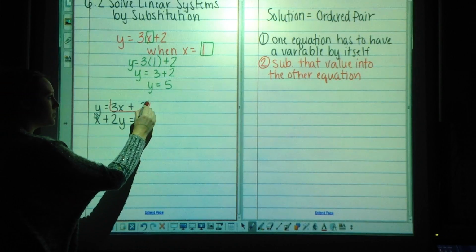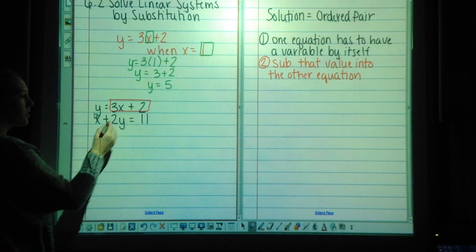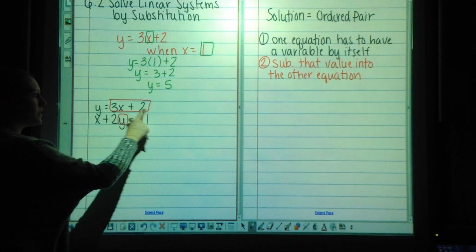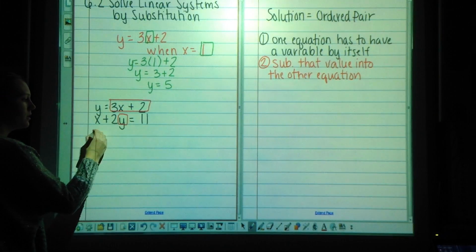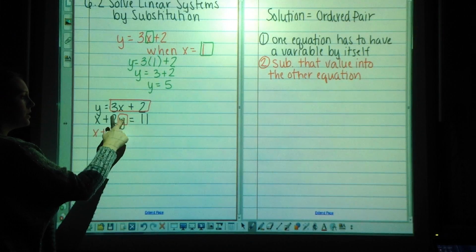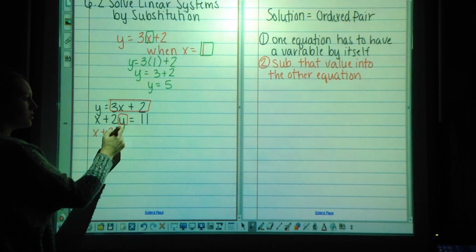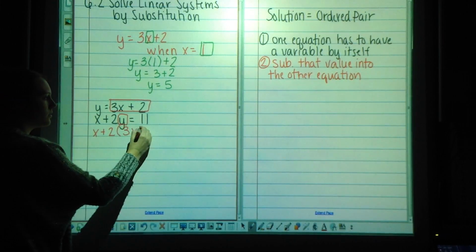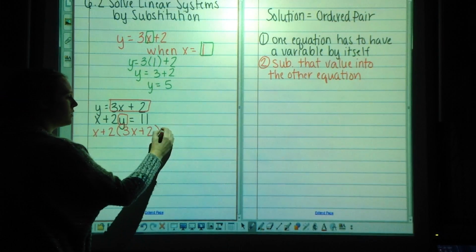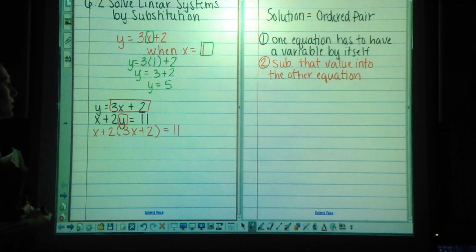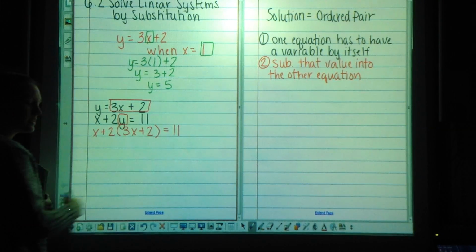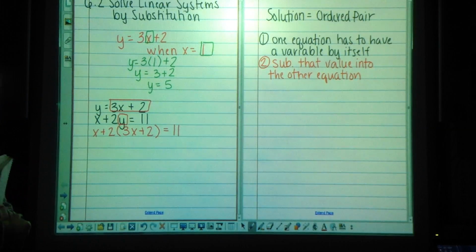I'm going to substitute this value into the other equation for that variable. So this y is going to be replaced with this information. X plus 2. Now, because this has more than one term, I'm going to use parentheses. They're multiplying, so I'm going to multiply here. Do you notice when I substitute this value in for y, the y's cancel out? I'm left with an x.